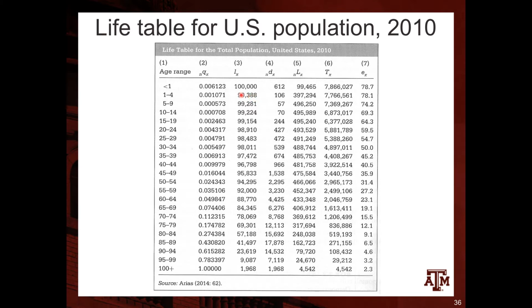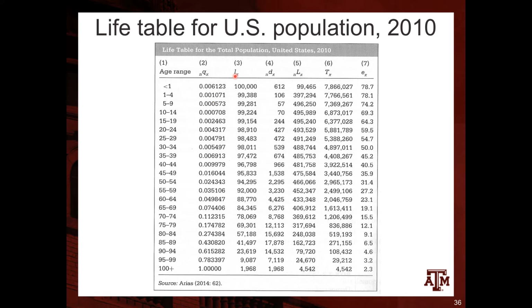Exposed to the next mortality probability, we have 106 deaths, this number minus this number, and 99,281 people surviving to age 5. So this column is the number of people surviving to the beginning of the next age group.